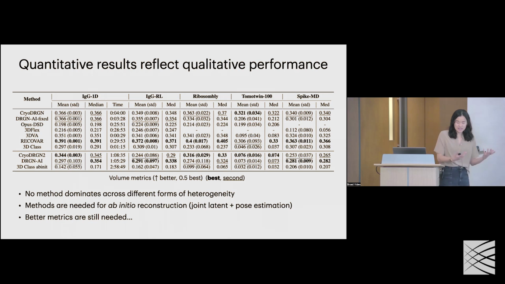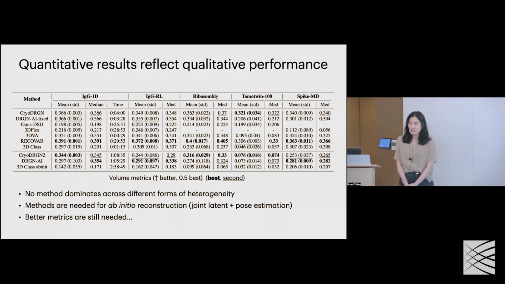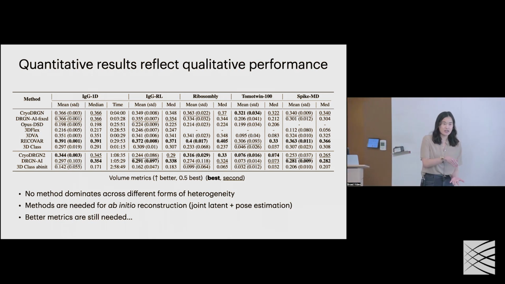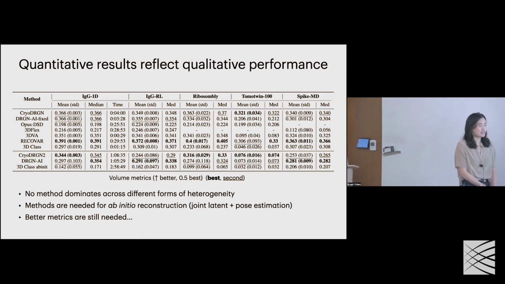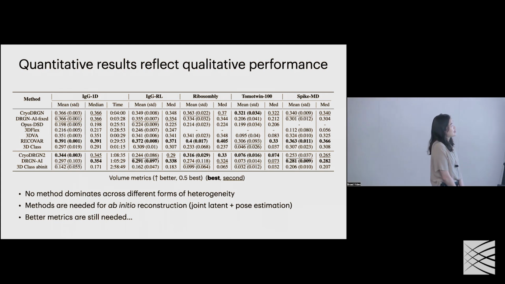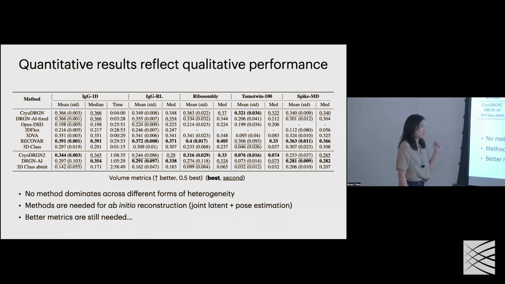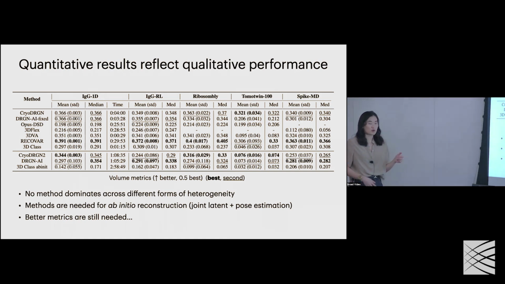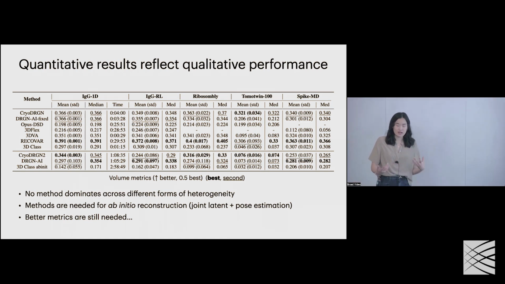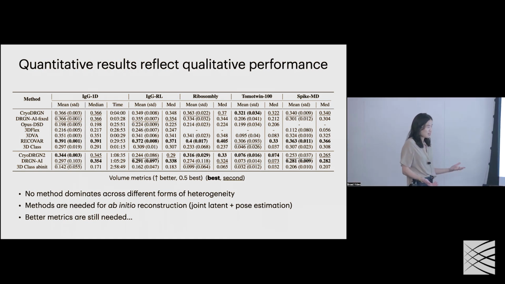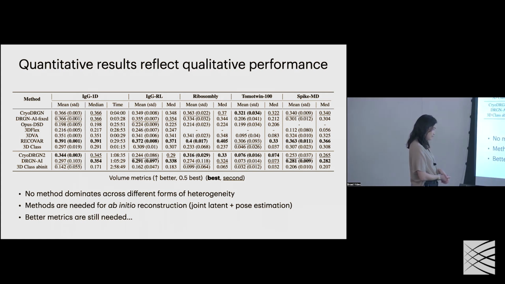One nice thing is that we do have quantifications, because this is synthetic data where we know all of the latent variables, all the unknown variables that are hidden from the reconstruction methods. We can quantify these volume reconstruction metrics. One thing that we note is that no method dominates across the different forms of heterogeneity, like ConfHet, the types of conformational heterogeneity.